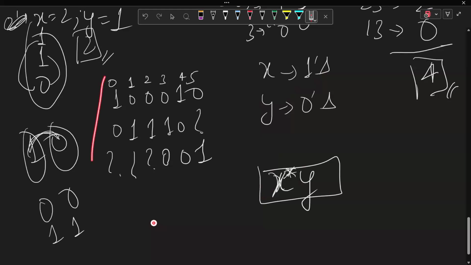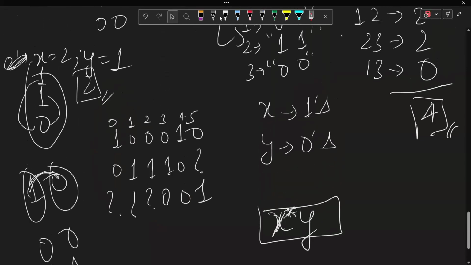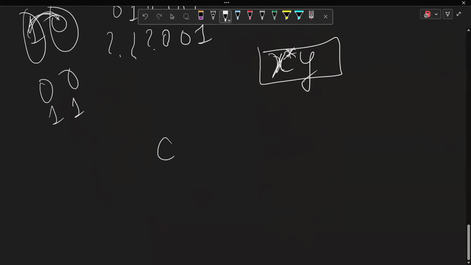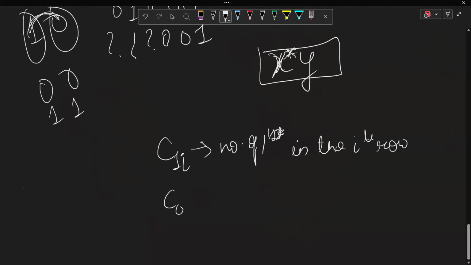Okay. So for every row, for the ith row, let's say c1i is the number of ones in the ith row, and c0i is the number of zeros in the ith row.